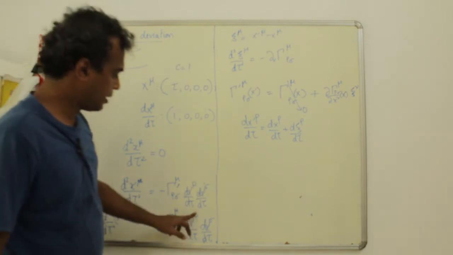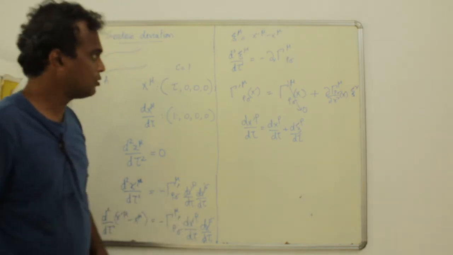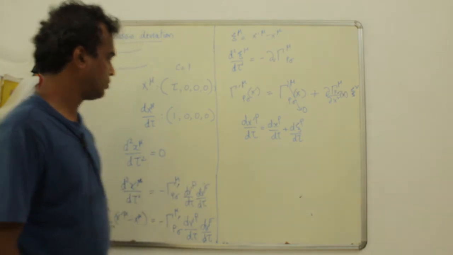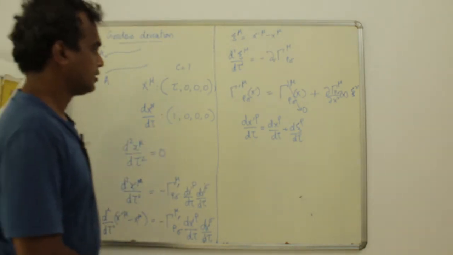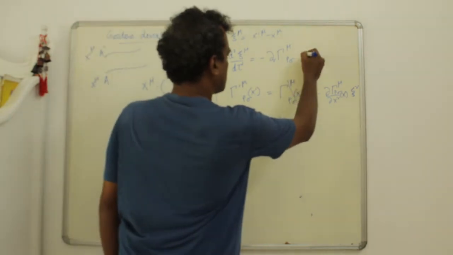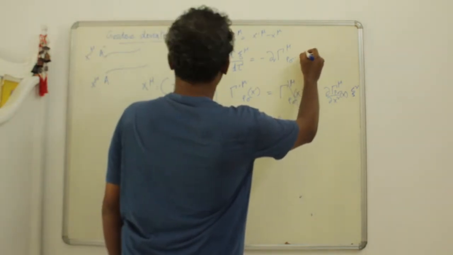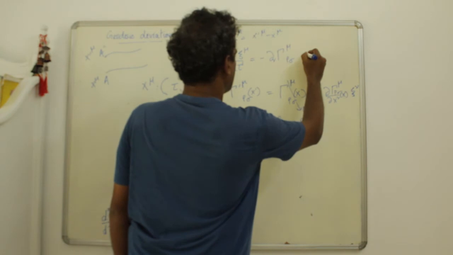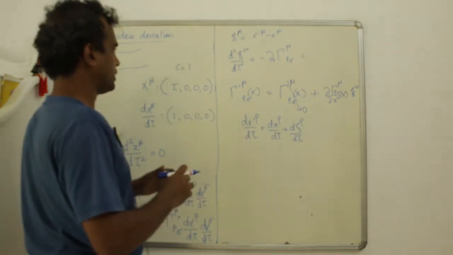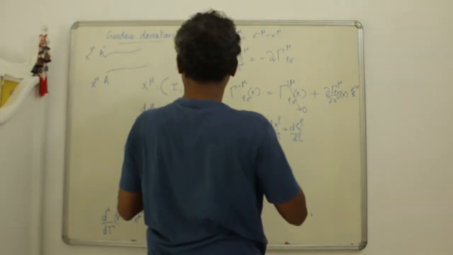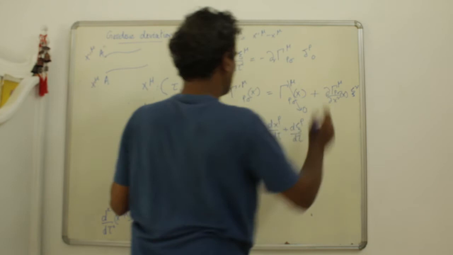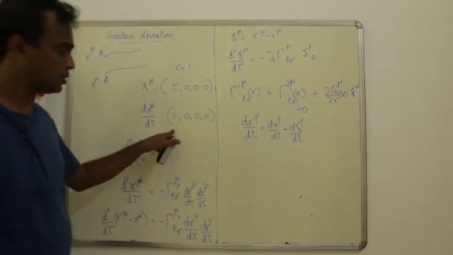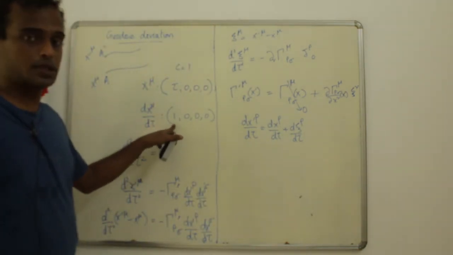Thus, I could replace dx prime rho by d tau with simply dx rho by d tau, whose value we already know, which is nothing but delta rho 0 in this case, since rho equal to 0 is the only non-zero component.